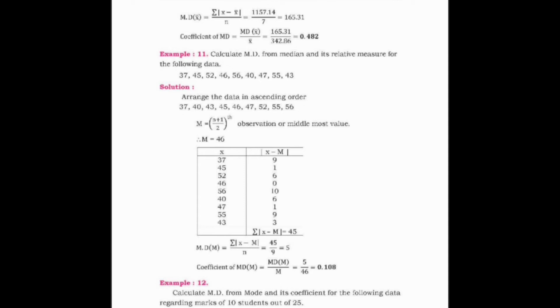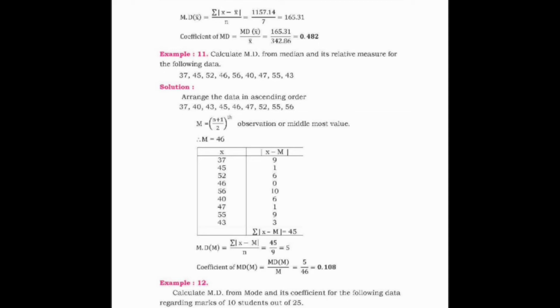Then calculate the median position as (n plus 1) divided by 2. That is, how many values here? 1, 2, 3, 4, 5, 6, 7, 8, 9. 9 values. 9 plus 1 divided by 2 is 5.